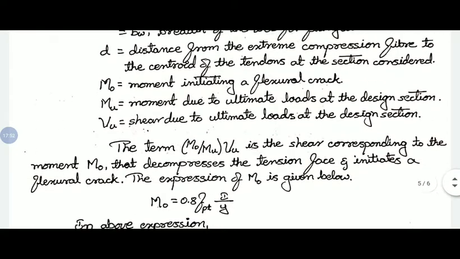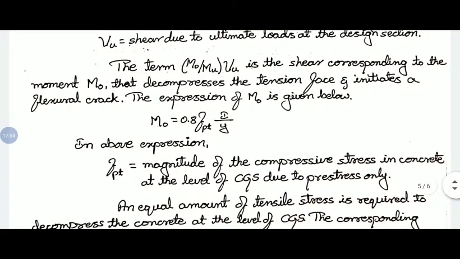The term M0 by Mu into Vu is a shear corresponding to the moment M0 that decompresses the tension force and initiates a flexural crack. The expression for M0 is given below, so it is 0.8 ft into I by y.